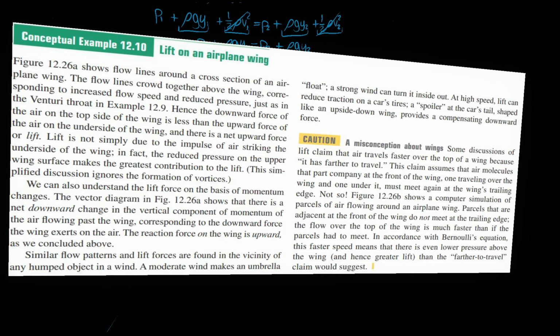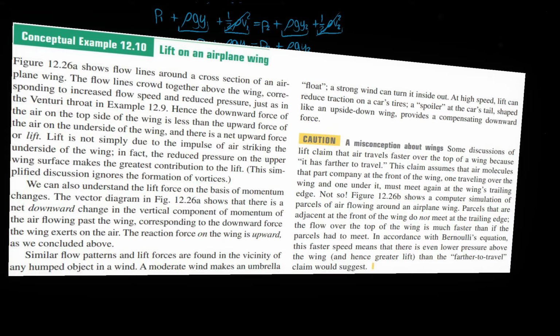The vector diagram shows that there is a net downward change in the vertical component of momentum of the air flowing past the wing, corresponding to the downward force the wing exerts on the air. The reaction force on the wing is upward, as we concluded above.